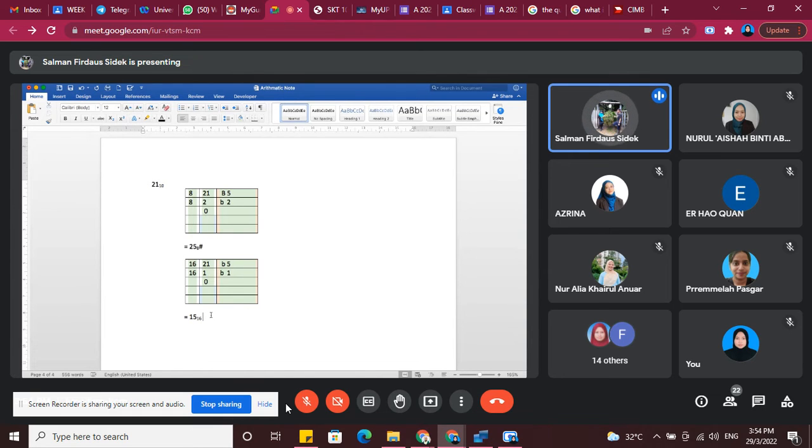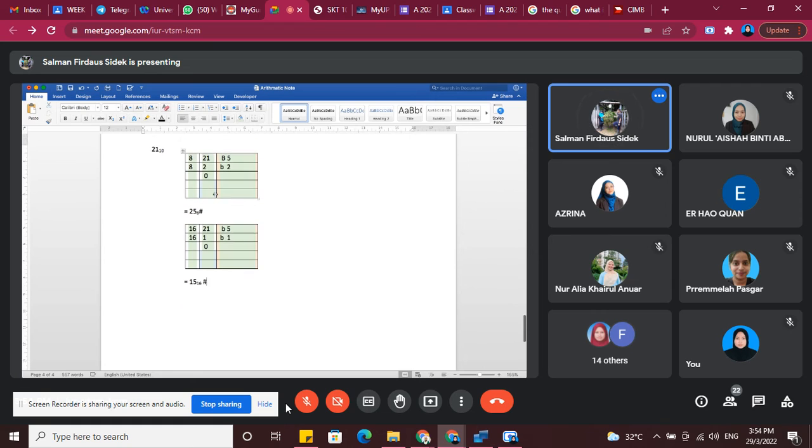Umur ni jadi 15 sebab dia ada A sampai F. Lepas 9 dia bukan 10. After 9 is A, B, C, D, E, F. We need to add 6 more digits to get 10. So that's why after 9 we have A to F, and then 10, 11, 12, 13, 14, 15. So that's why nombor tu makin lambat bergerak.